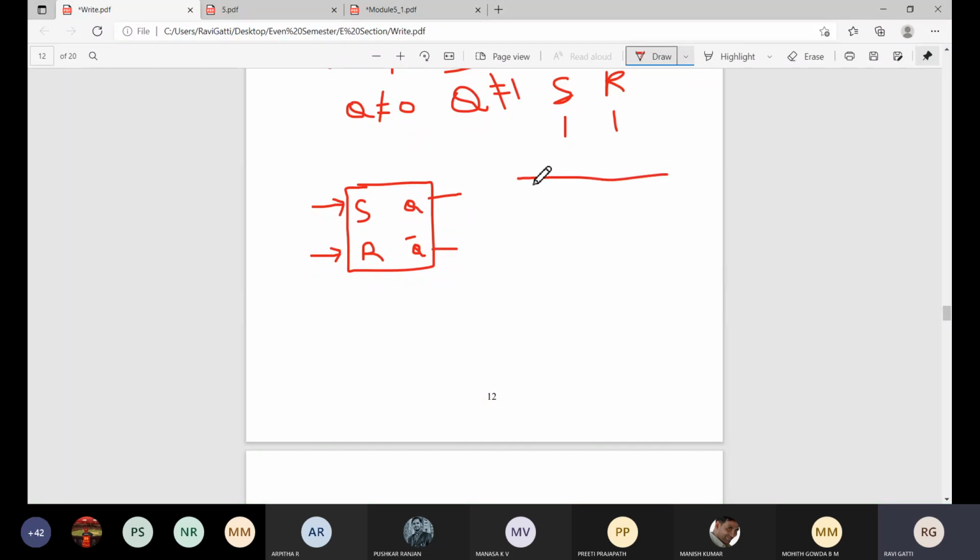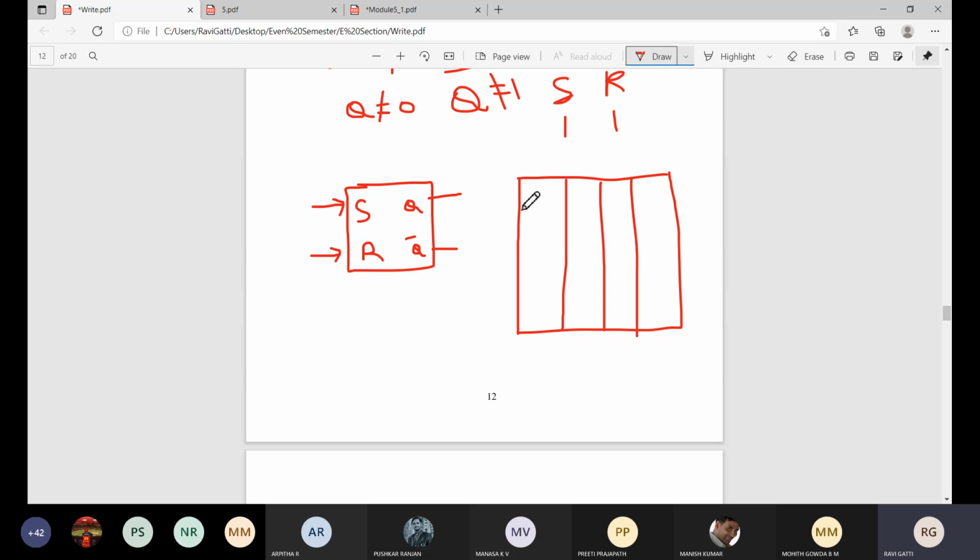Generally, we will not call it a truth table for a sequential circuit. We call it a characteristics expression or equations. So the characteristics expression for your SR latch will be written in this manner. So please make a note of this.